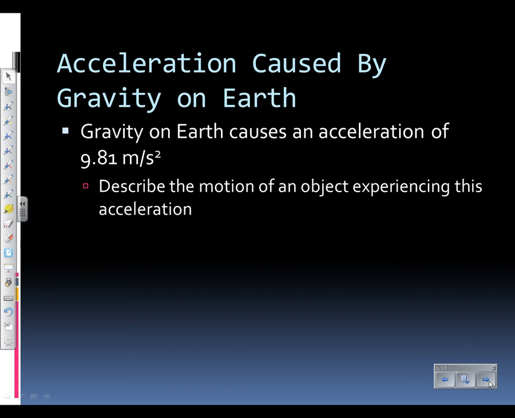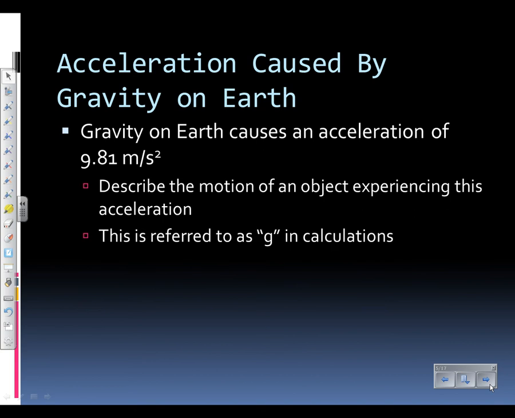Good. The way you said it is good. We're going to amend that in just a second. But you said for every second that it's falling, its velocity will increase by 9.81 meters per second. And that's true. That's what 9.81 meters per second squared means, right? That the velocity changes by 9.81 meters per second for every second that goes by. Good?